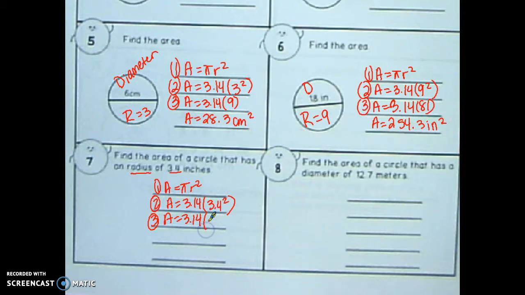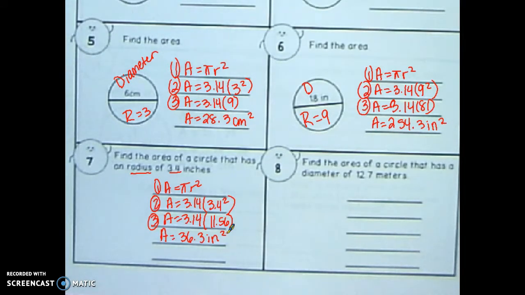Square your radius first. That's 3.4 squared is 3.4 times 3.4. That's 11.56. Multiply that by 3.14. And you will get 36.3 square inches.